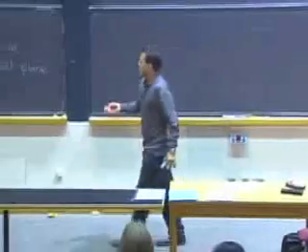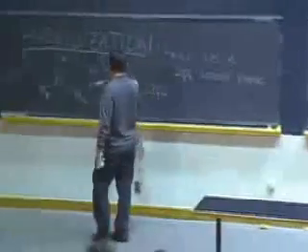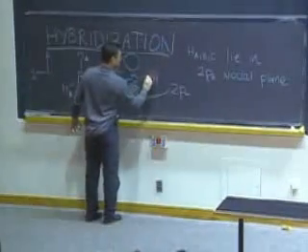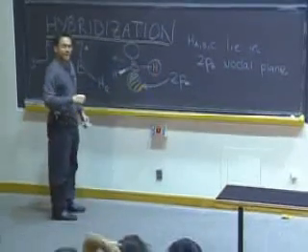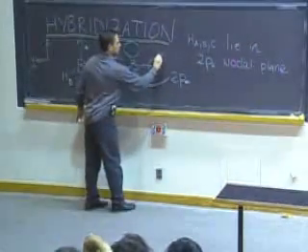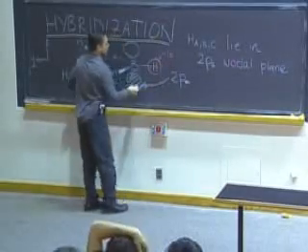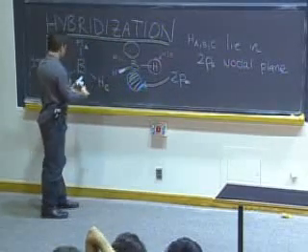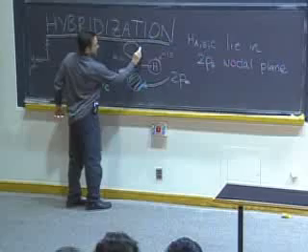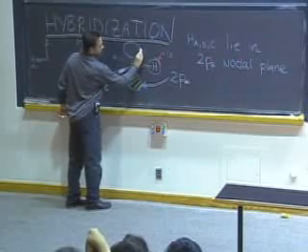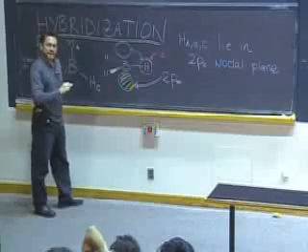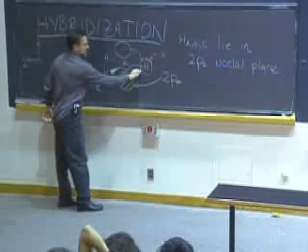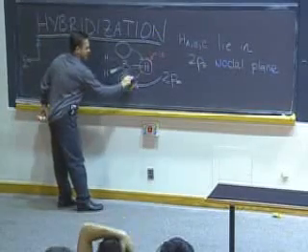And so if you draw one of them here, you remember that a 1s orbital is spherically symmetric. You can see that any positive reinforcement that would occur by overlap here is equal and opposite to the negative reinforcement that would occur down here.